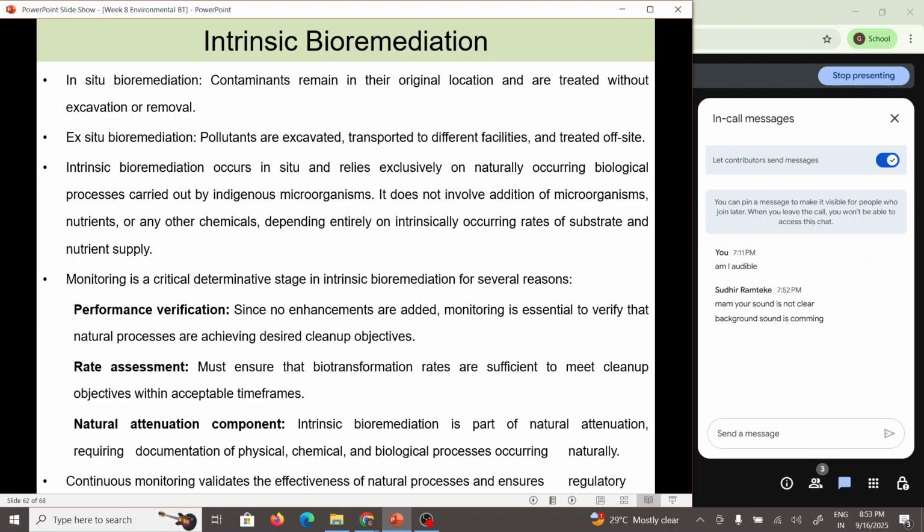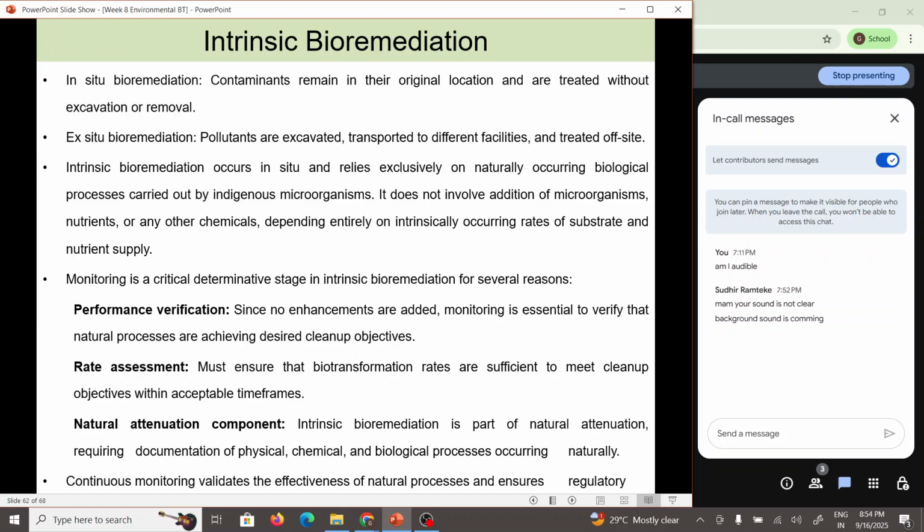It does not involve addition of microorganisms, which means elimination of bioaugmentation. It does not involve addition of nutrients, which means we are not going to perform biostimulation, and there is not going to be supply of any other chemicals, and it depends entirely on the intrinsically occurring rate of substrate and nutrient supply.